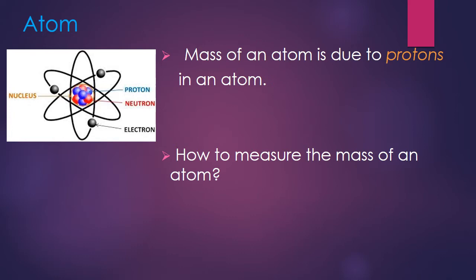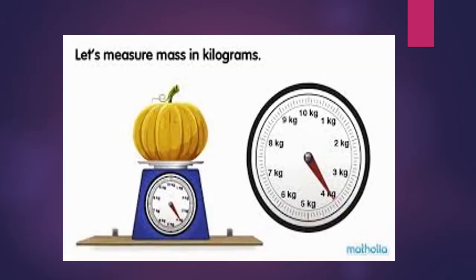Have you ever thought what might be the mass of an atom, or how to measure the mass of an atom? Usually to measure large objects, we use kilograms and grams as the units. But if we measure the mass of an atom in kilograms or grams, the amount we get is going to be extremely low.